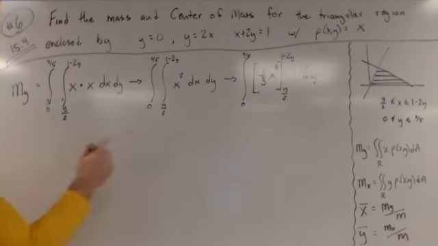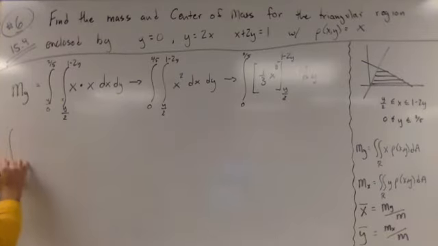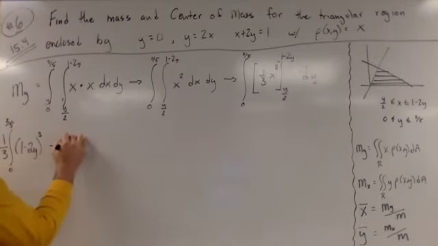So if I bring that over here to simplify it, I'm going to get the integral from 0 to 2/5. And now I have, moving the 1/3 to the outside, 1 minus 2y, quantity cubed, minus y over 2, quantity cubed, dy.